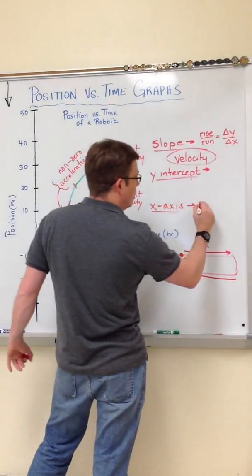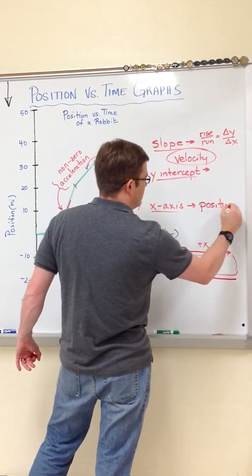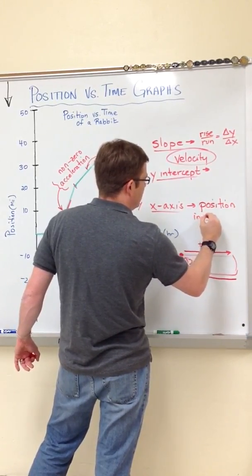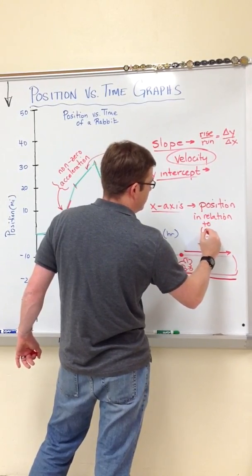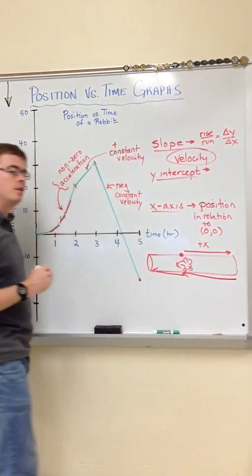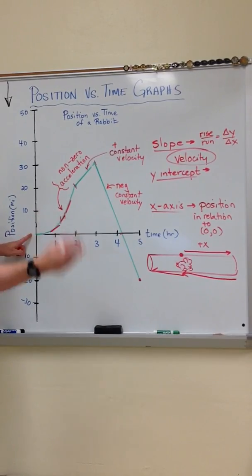It denotes position in relation to 0, 0. What do you call the 0 point? Okay. I'm going to go back real quick to the y-intercept. All right. The y-intercept would be its initial position in relation to what you're saying is the origin.